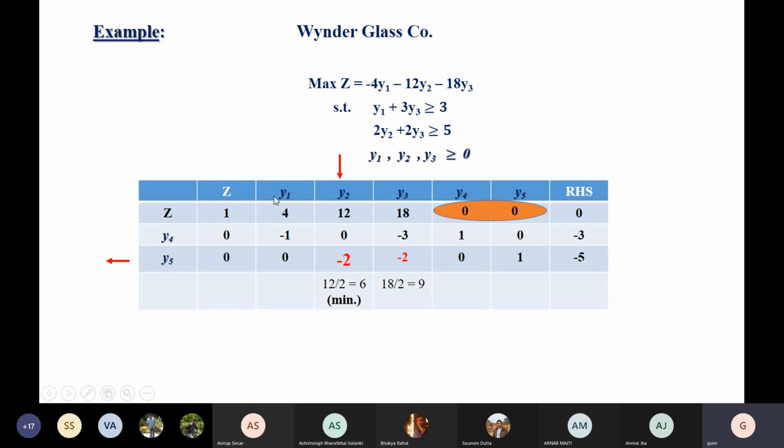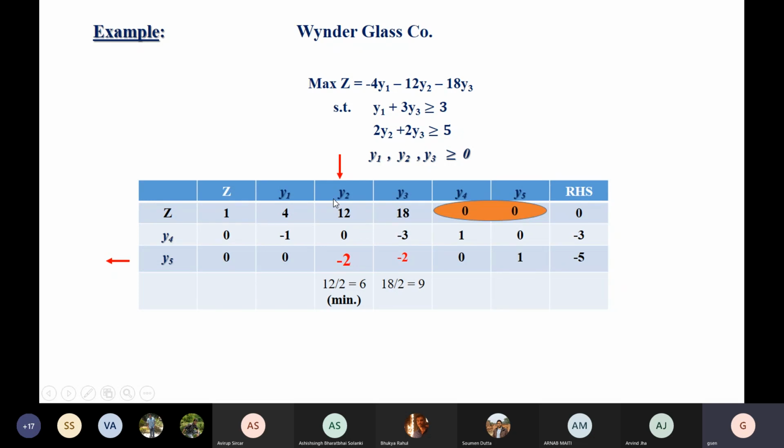So we look at the non-basic variables and do the minimum ratio. 4 divided by 0 we do not conduct. Then 12 divided by -2, mod of this whole thing becomes 6. Then 18 divided by -2, mod of this whole thing is 9. The minimum is 6, so y2 will enter. Okay, so y5 will leave and y2 will enter.